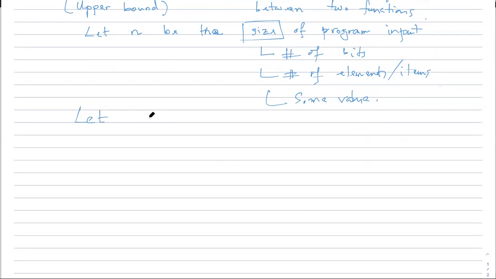Okay. So here we are interested in computing an estimate of the running time of your program. So let's call that T of n. Let T of n be a function.